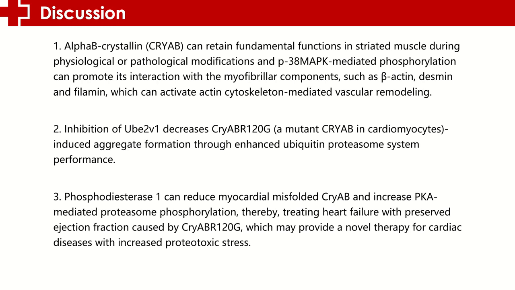CRYAB can retain fundamental functions in striated muscle during cytological and pathological modification. An inhibition of UBE2V1 decreases CRYAB R120G, a mutant CRYAB in cardiomyocytes, and induced aggregate formation through enhanced proteasome system performance.